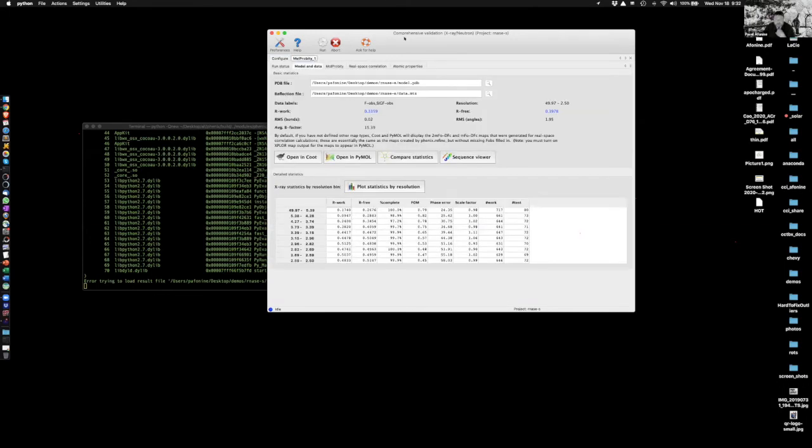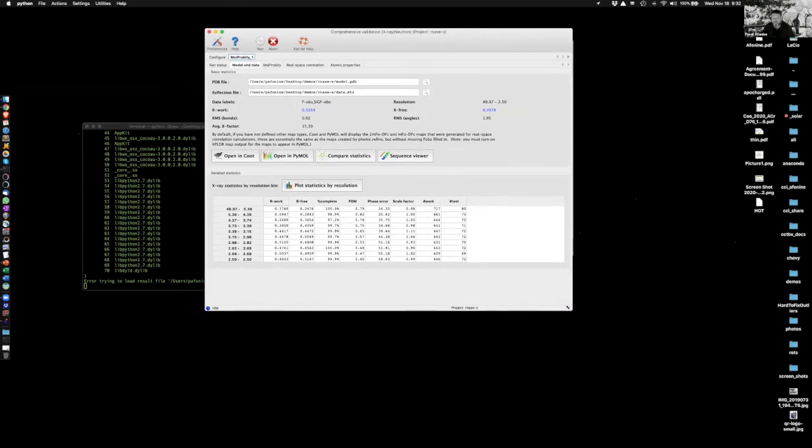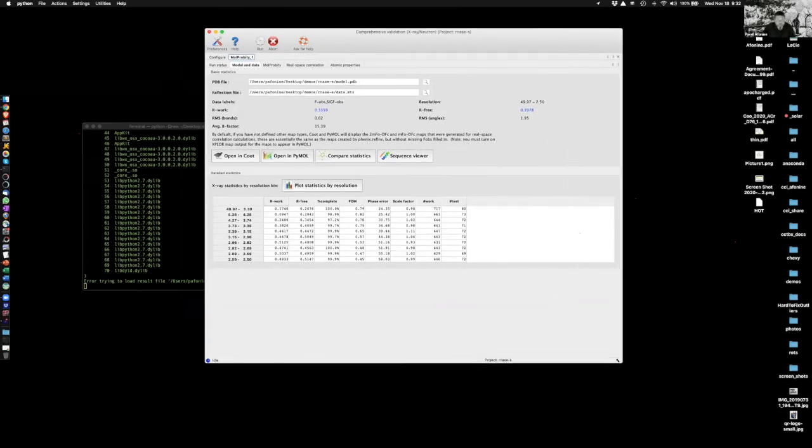So that takes very quick to run. That's one of the reasons why it's always good to run, right? For this particular example, I'll go through some things.